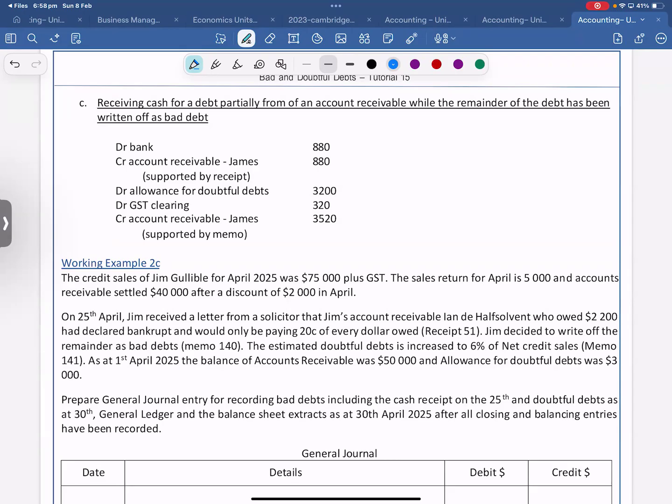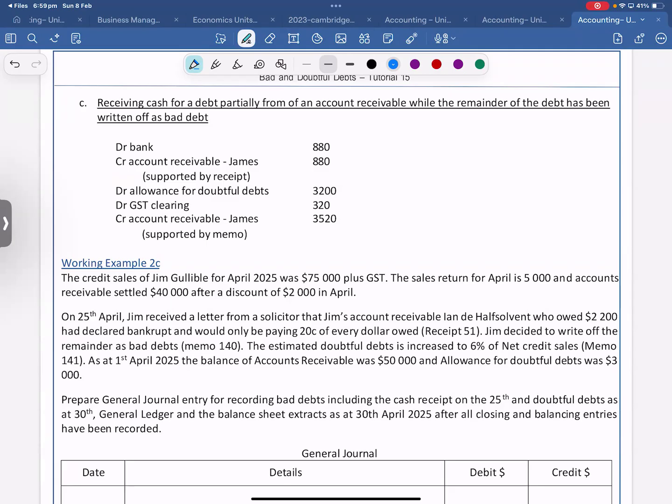Why do we report it separately? Because the rule is, for each source document, we need to have one set of double entry. Then the other part, we are writing it off because we have been given a memo, like in this question.